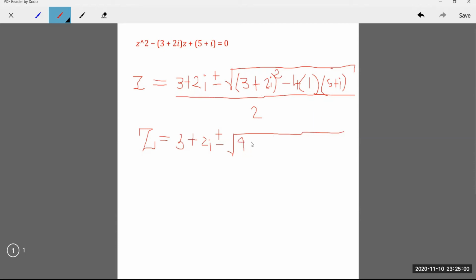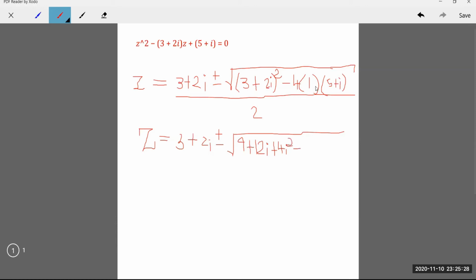Then we have plus 3 times 2i, that's 6i, multiplied by 2, that's 12i. Plus (2i) all squared, that's plus 4i squared. And then we're going to subtract.